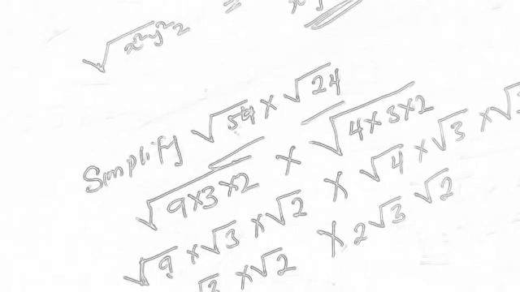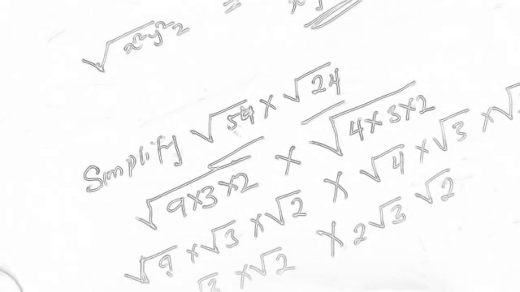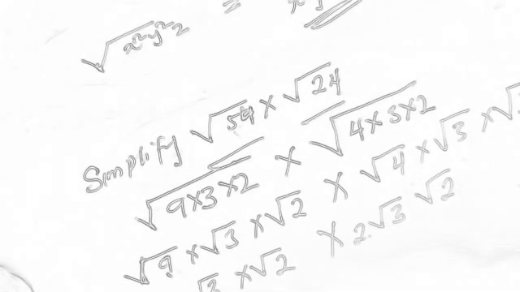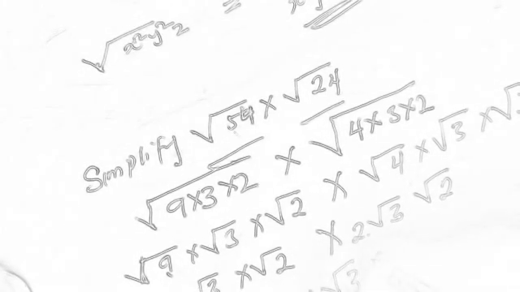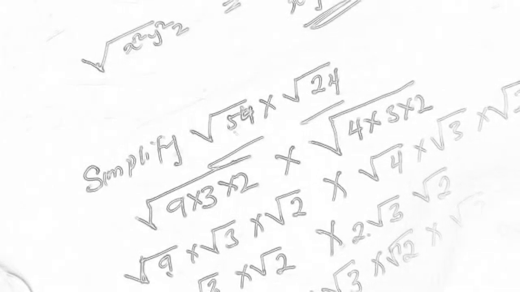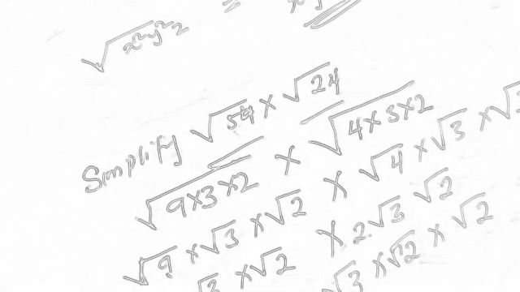So what do we do? We bring them out front by saying 3 times 2, times square root 3 times square root 3, times square root 2 times square root 2. Do you understand that now?